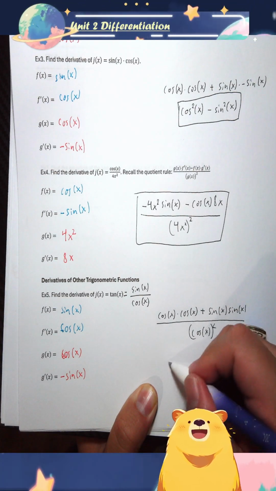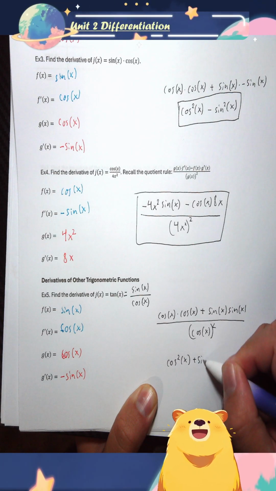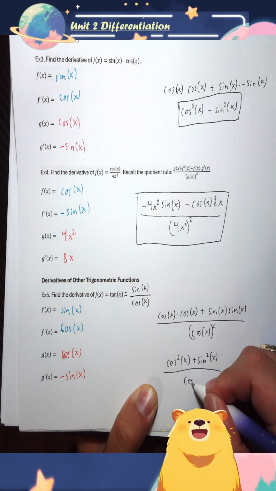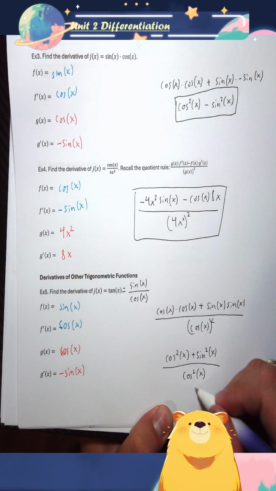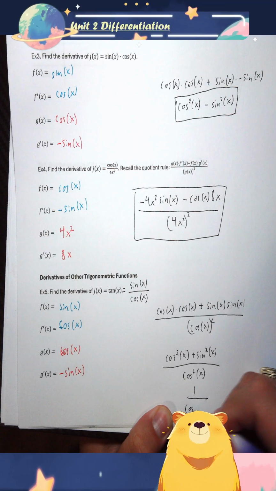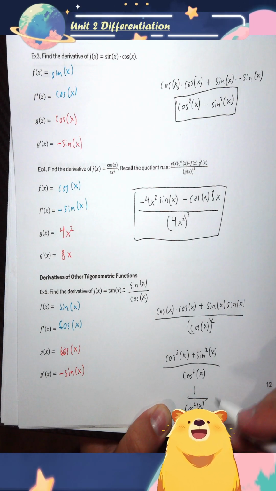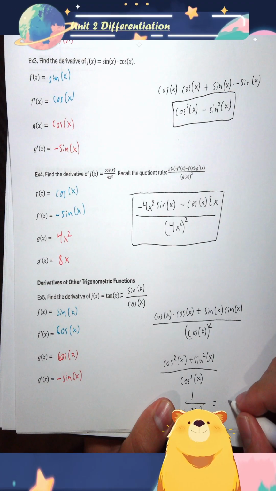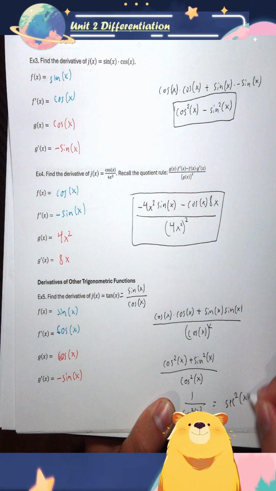This can be rewritten as cosine squared of x plus sine squared of x over cosine squared of x. And that top part just becomes 1. And then with product properties, we know that this can technically just be written as secant squared of x.